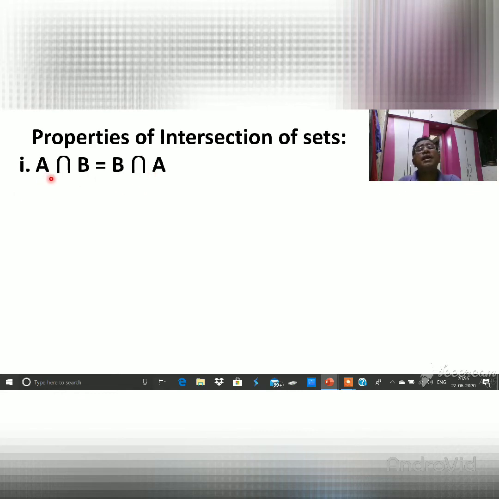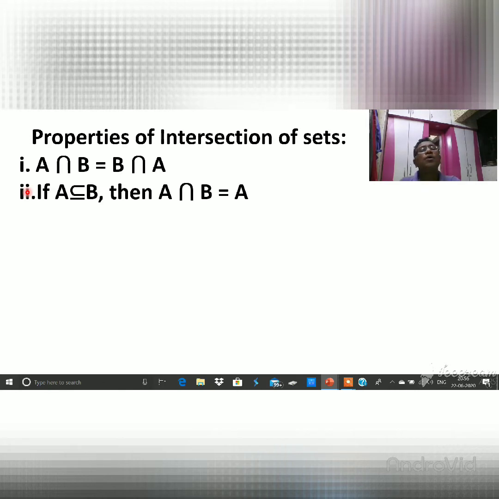Whatever are the elements of A and whatever are the elements of B, what is common? Those common elements are written here. So here is B intersection A. Whatever are the common elements between these two, A intersection B and B intersection A, they are the same. So here the equal sign is written.